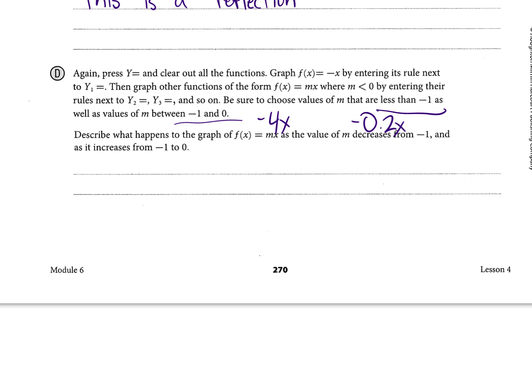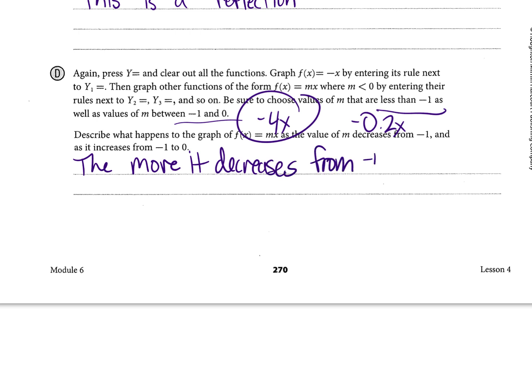And it says, describe what happens to the graph as the value of m decreases from -1. So if we're looking at this line where it's y equals -4x, what's occurring? The farther from -1, or the more it decreases from -1, the steeper it gets.